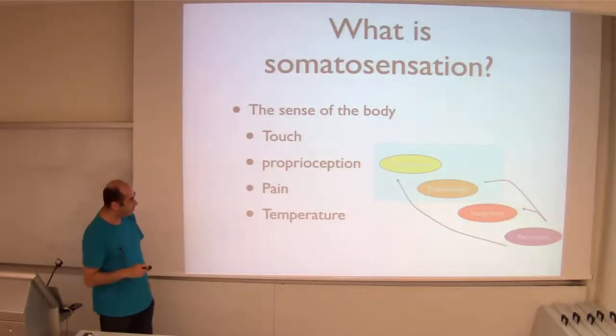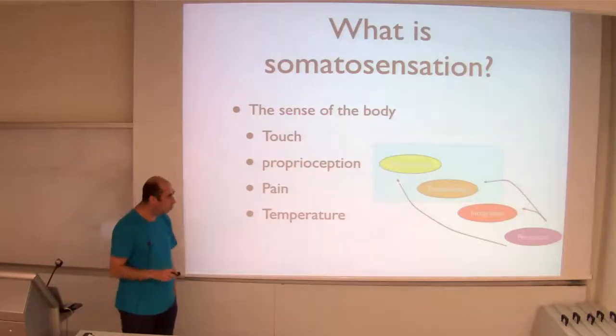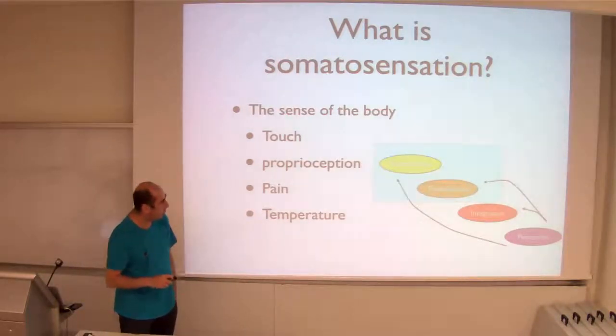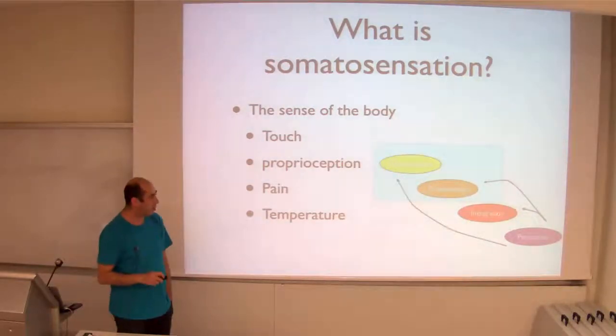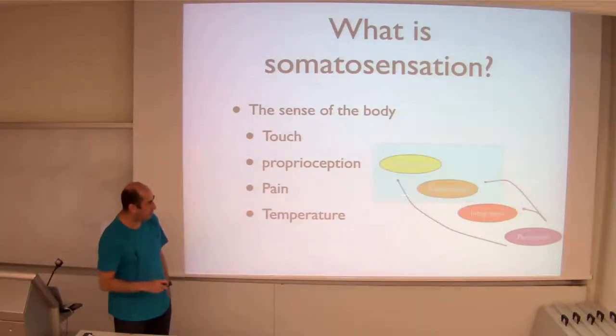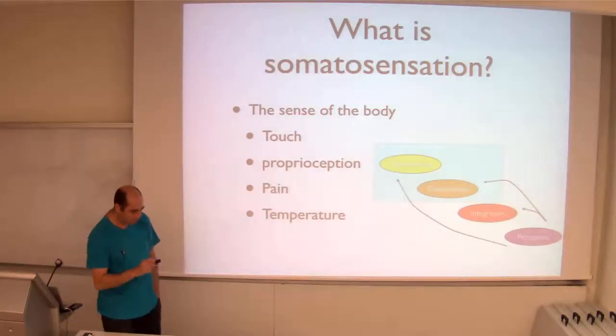And we said that we can classically separate it into four stages. One is transduction, the transmission of the information, integration, and perception, and we basically stopped about here, and we're going to cover somehow these two today.